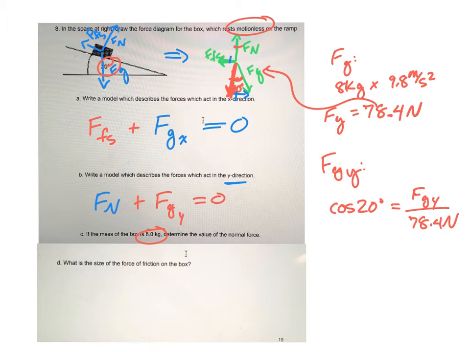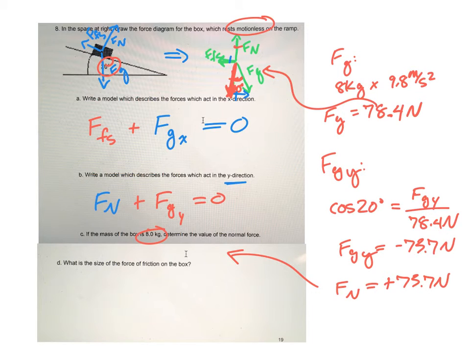So 78.4 times the cosine of 20 will give you the y component of the force of gravity. So FGY, and in our direction it is down, so that's negative 73.7 newtons. So that means that the normal force is 73.7 newtons.